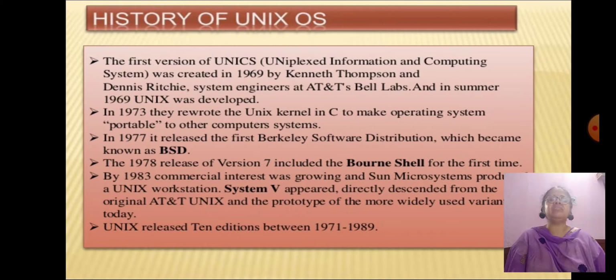In 1973, they rewrote the Unix kernel in C to make the operating system portable to other computing systems.